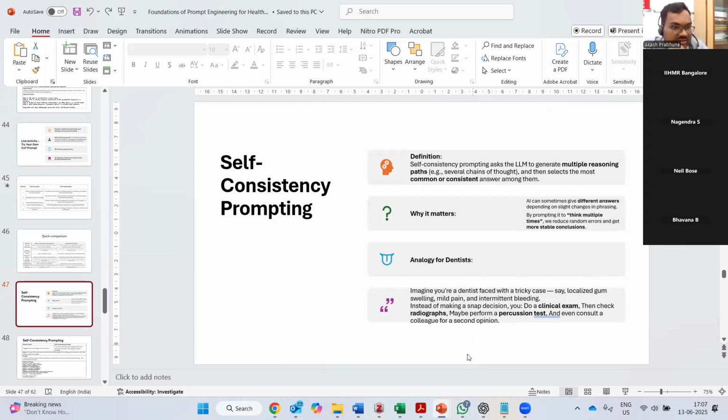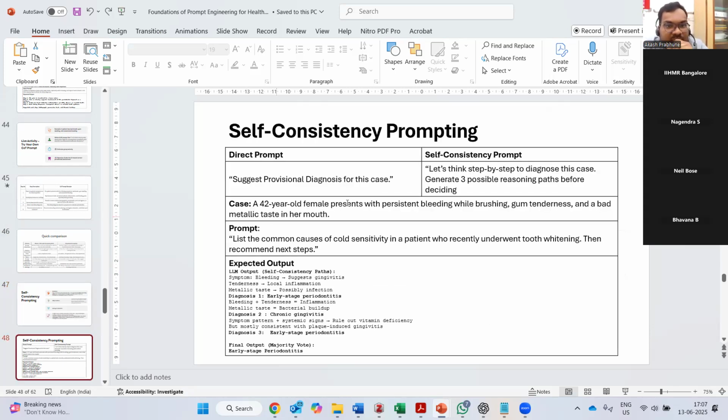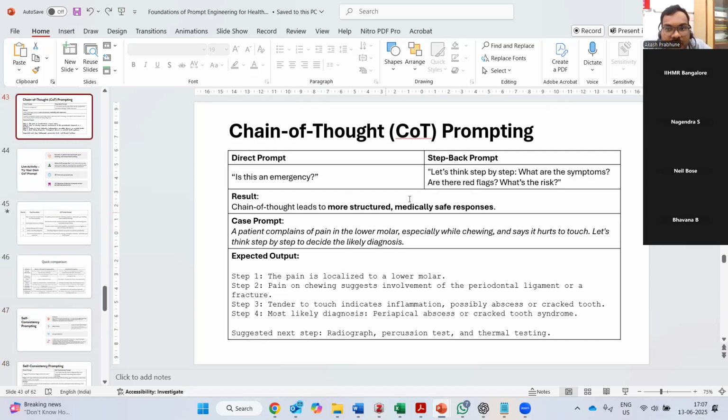So let's take another example here. A 42-year-old female presents with persistent bleeding while brushing, gum tenderness, and a bad metallic taste in her mouth. Now, if you look at the prompt here, it says let's think step by step and decide on likeliness. It looks at step one, step two, step three, and says this is the best possible answer.